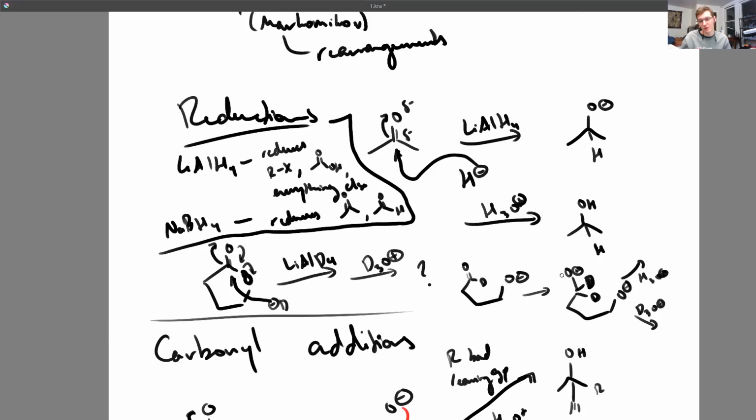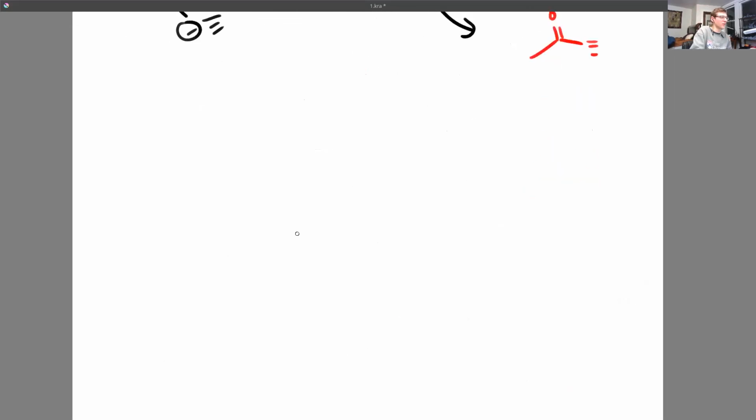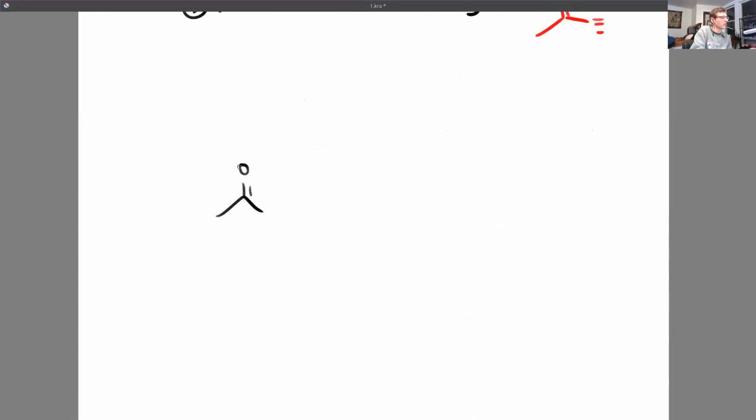So you can have multiple functional groups. Let's just say, for example, and I'm going to go way down here, if we want to reduce something like this, lithium aluminum hydride would just blast the whole thing to be alcohols. I'm writing it out because it's good practice.